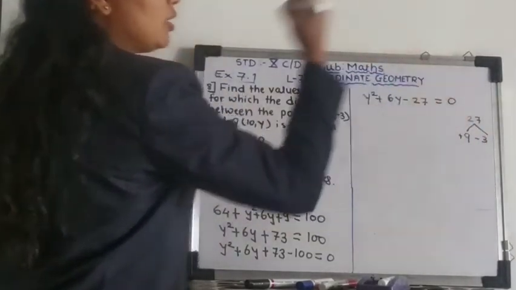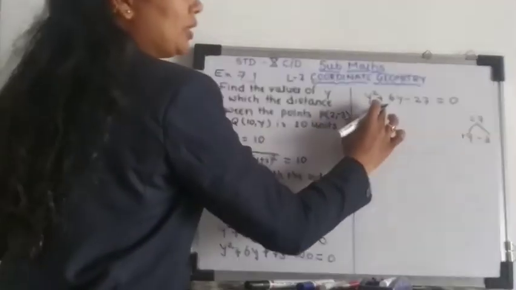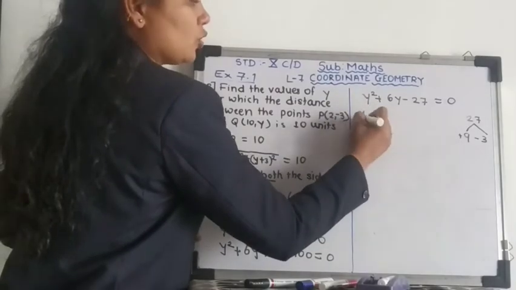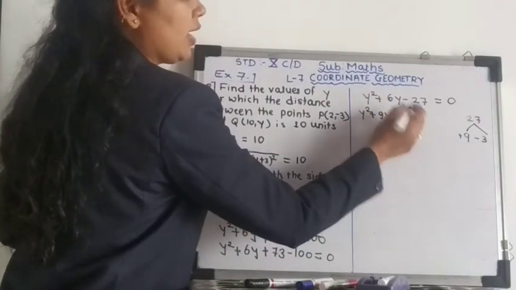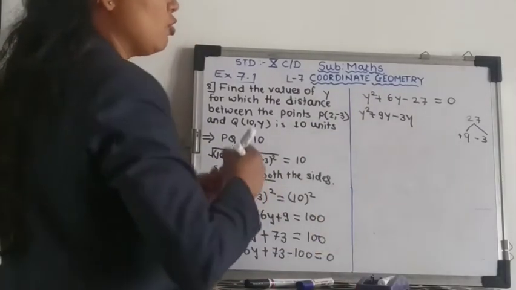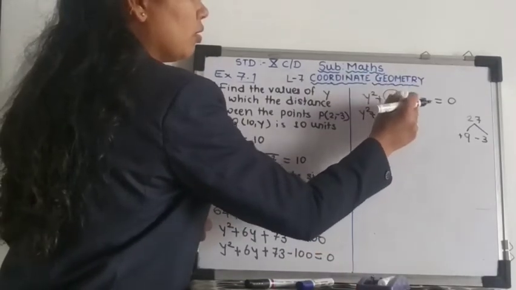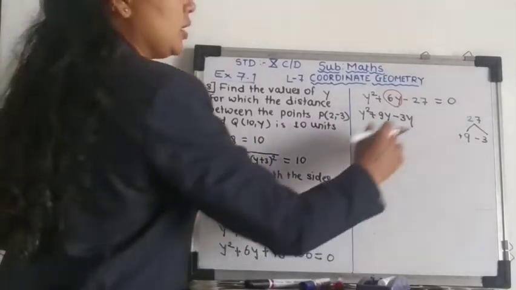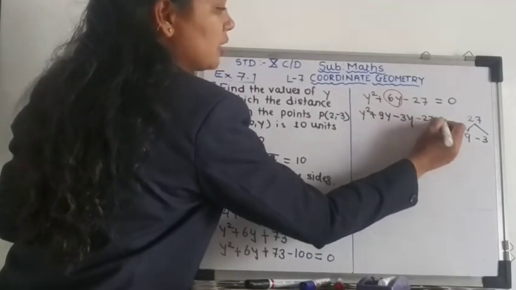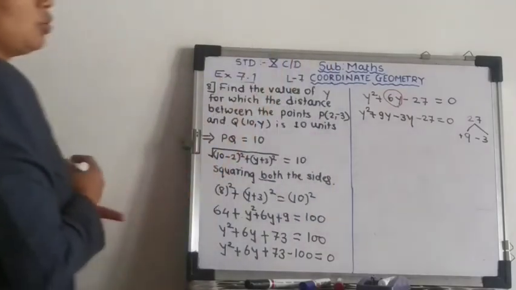The greater number's sign will be positive because the middle term sign is plus. So y square plus 9y minus 3y. This 6y we are not writing now. In place of this, we are writing 9y minus 3y minus 27 equals 0.